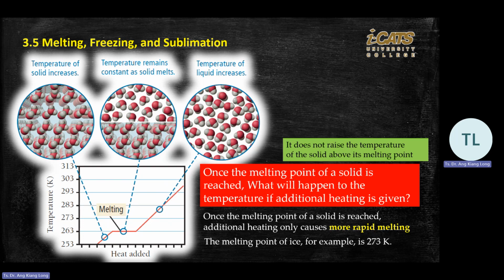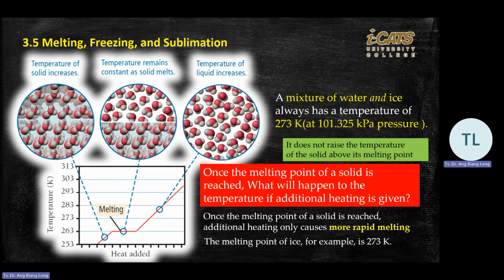So what will happen to the condition is that it will hold at 273 Kelvin with a mixture of water and ice until all the solid ice converted to water. Then it will start to convert into gases. Right?